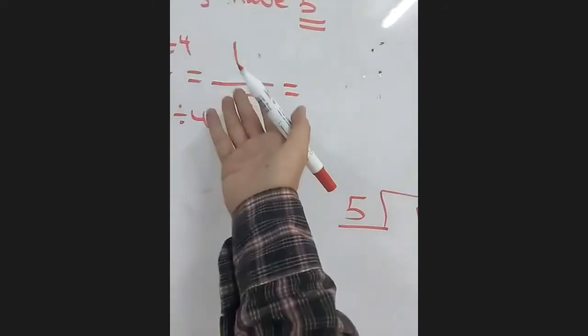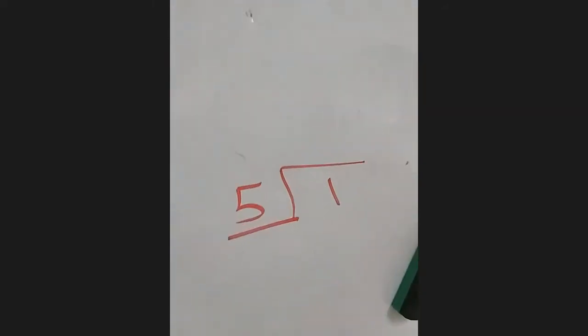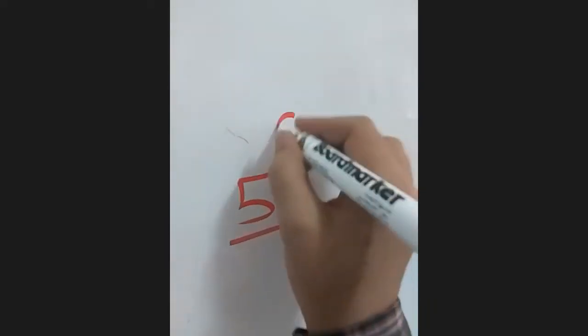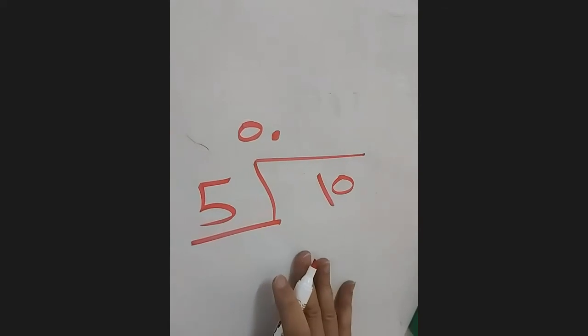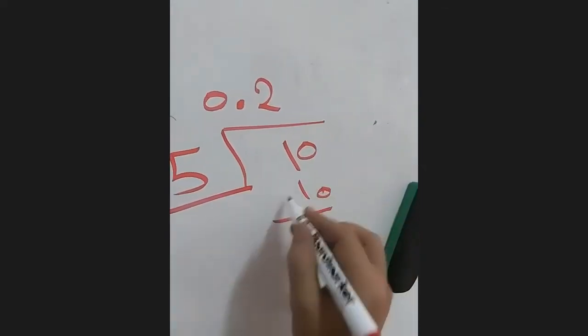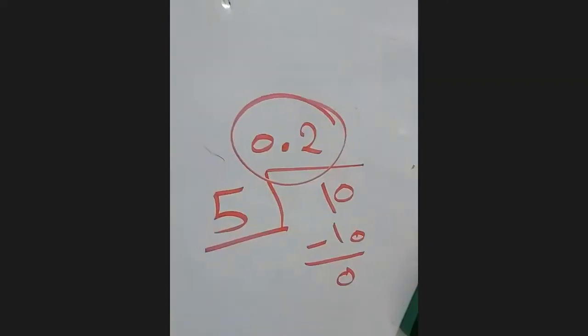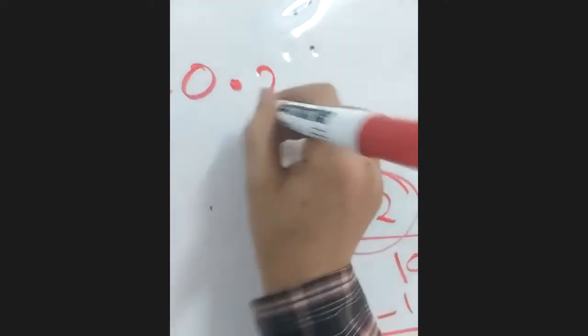A fraction is a division already. Now 1 divided by 5: we put 0 and a decimal point, and here we add 10. 10 divided by 5 is 2. 10 subtract 10 is 0. So the decimal is 0.2.